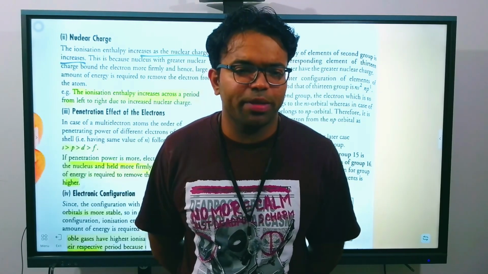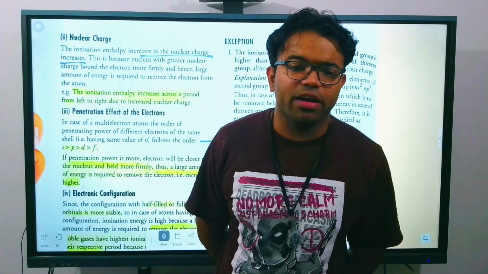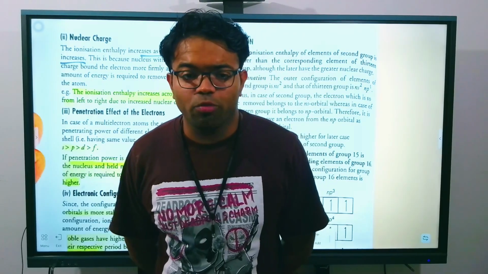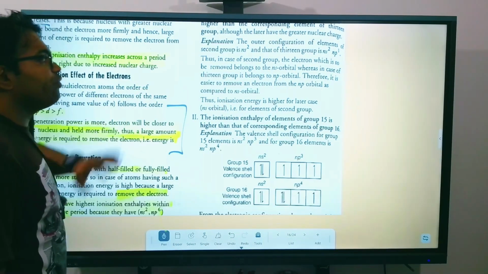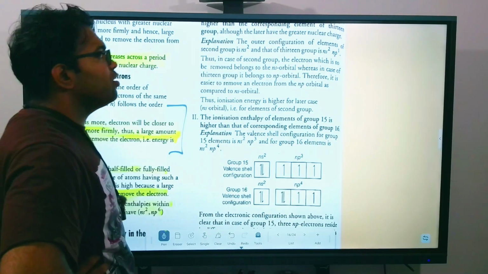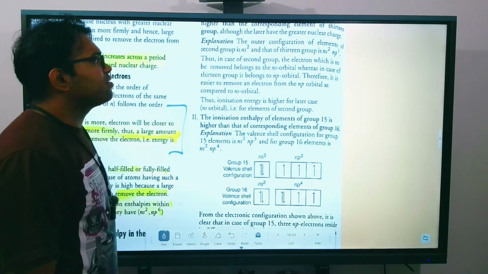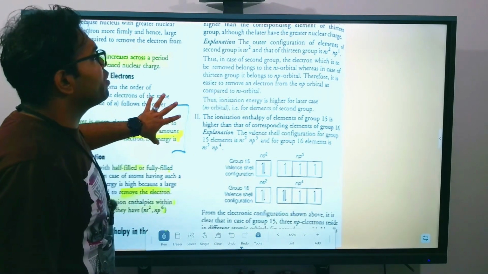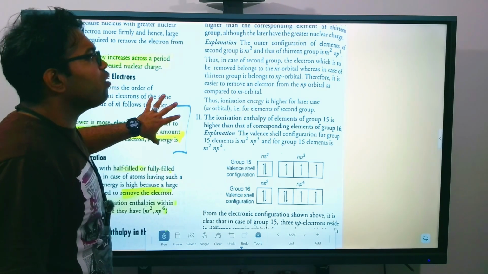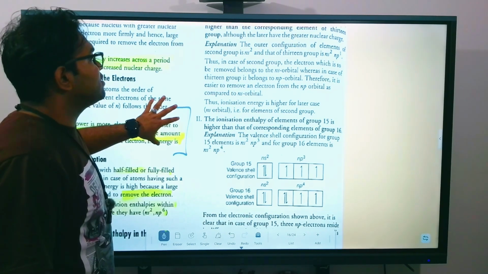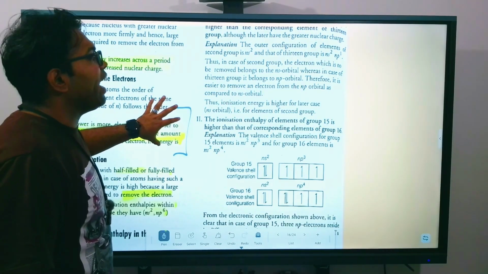The first ionization enthalpy won't have a great effect on the 13th group, but it will have a great effect on the second group because the s orbital is already full. The outermost electronic configuration of the second group is ns2, and that of the 13th group is ns2np1. Thus, in the second group, the electron to be removed belongs to an ns orbital, whereas in the 13th group, it belongs to the np orbital. Therefore, it is easier to remove an electron from the np orbital as compared to the ns orbital.